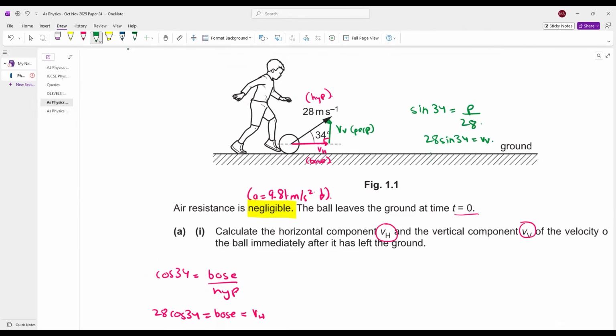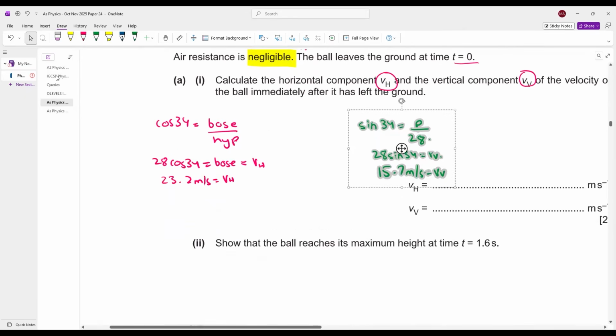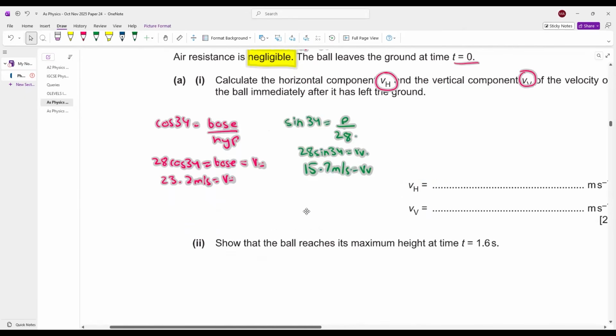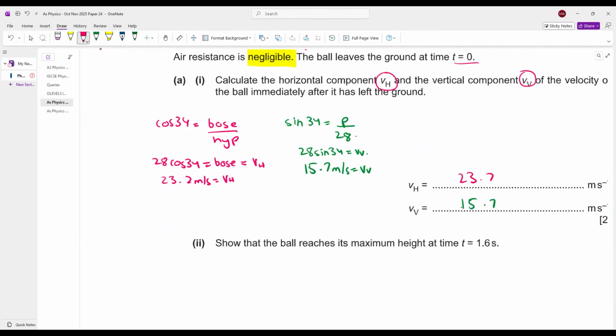This comes out to be 15.7 meters per second is your vertical component. Both components are done, and you can simply place the values here, 15.7 and 23.2. Nothing complicated here, very easy.